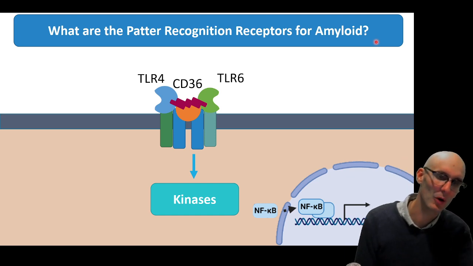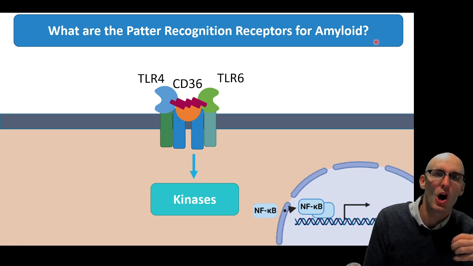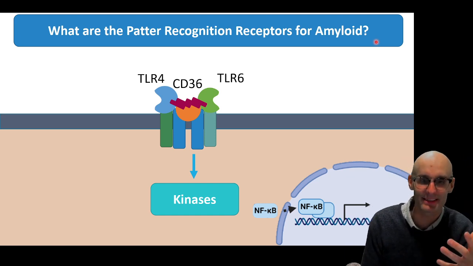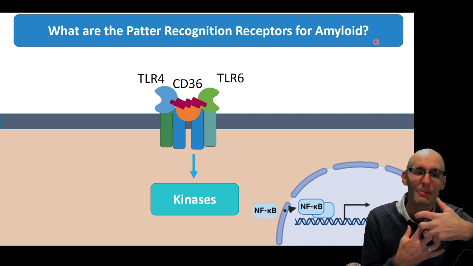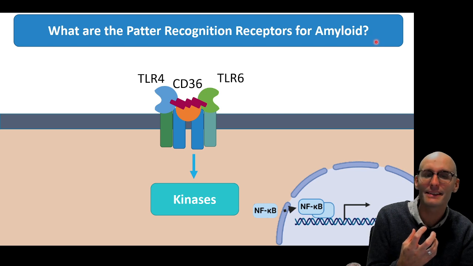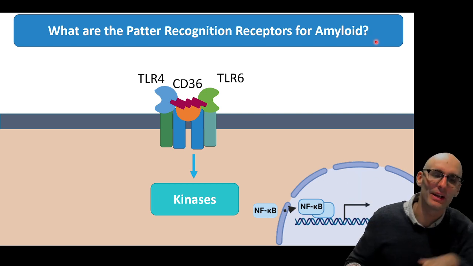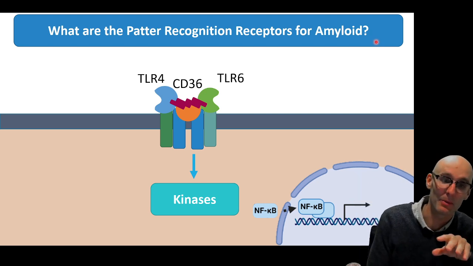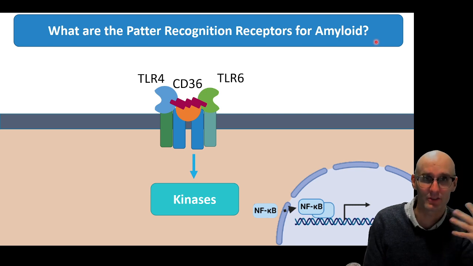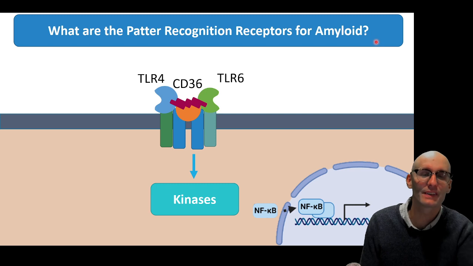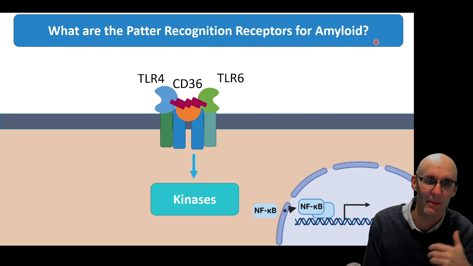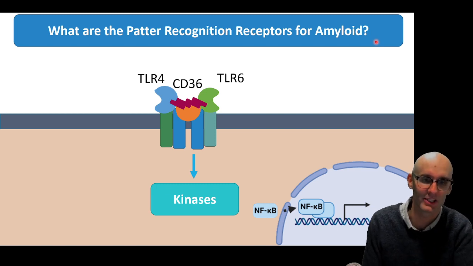The end result is the phosphorylation of a protein that inhibits NF-kappa B, and when that inhibitor is phosphorylated, it releases NF-kappa B and allows it to go into the nucleus. When NF-kappa B goes into the nucleus, it acts as a transcription factor, binding to promoter regions of the DNA and facilitating RNA polymerase to come in and cause the expression of a whole bunch of genes.